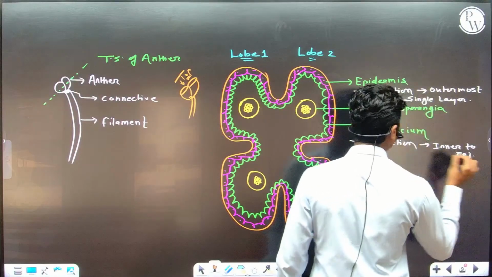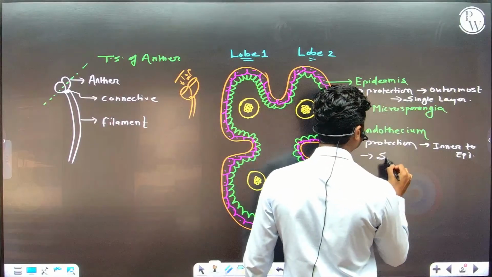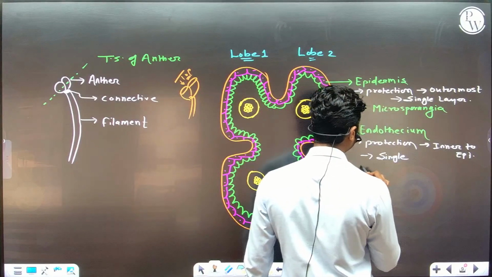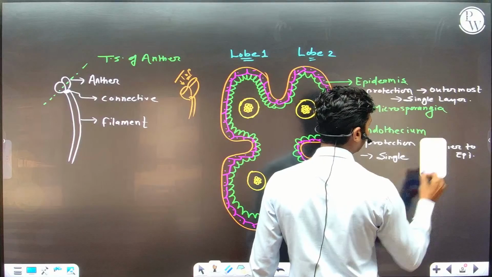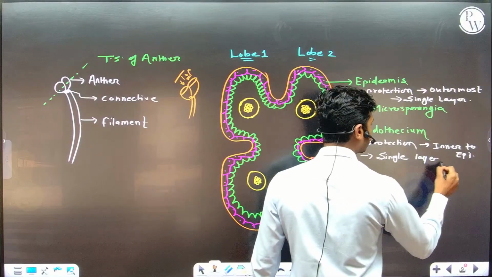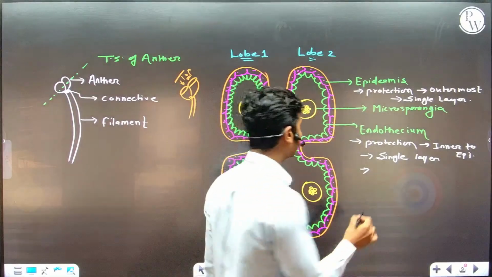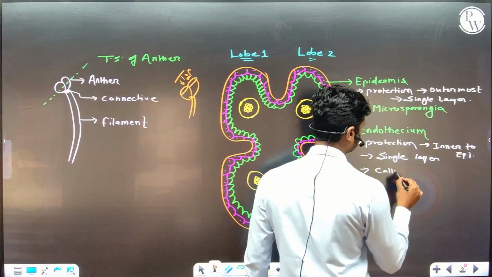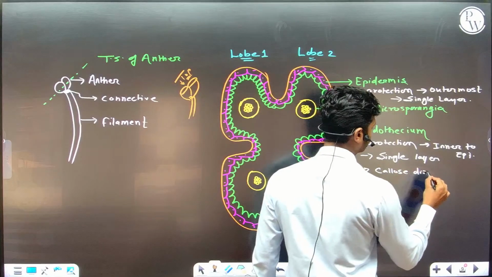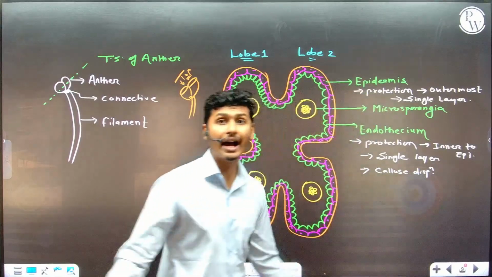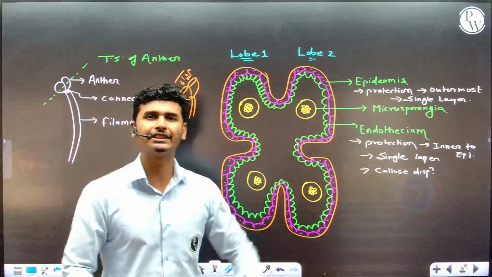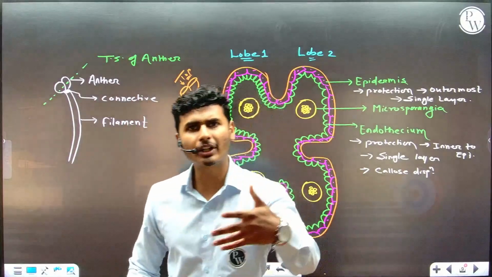Epidermis is a multilayer or single layer? It is a single layer. Is any substance deposited in that layer? Yes, there is one substance known as callose deposition. Why so? Callose is a tough substance which gives protection.